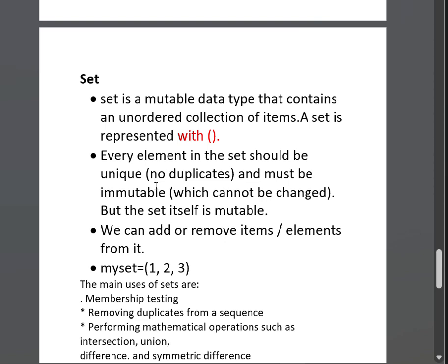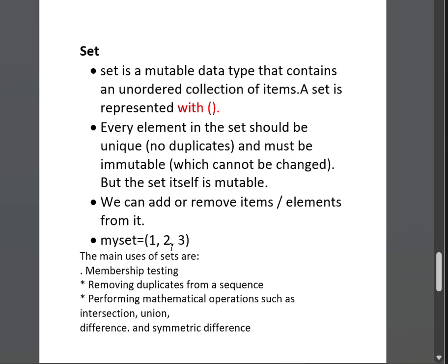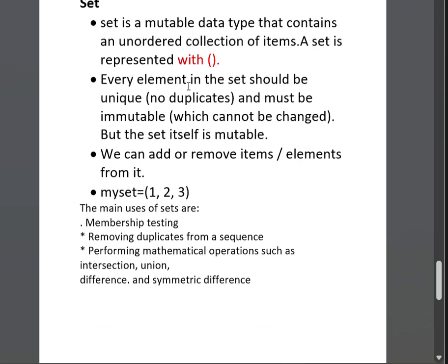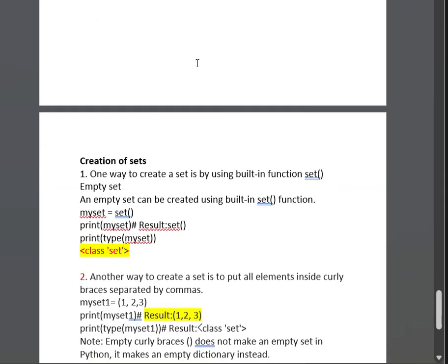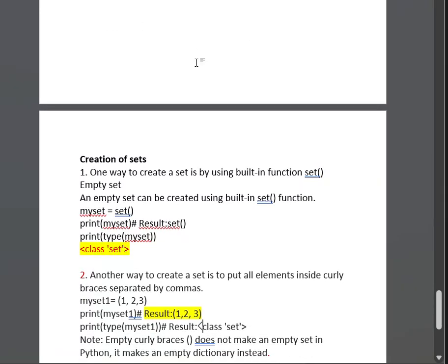Immutable means it cannot be changed, but the set itself is mutable, so we can add or remove items from the set. The main uses of sets are membership testing, removing duplicates, and performing mathematical operations like intersection, union, difference, and symmetric difference. Next, we have seen the creation of sets in two ways: one is using the set function for an empty set, and the other is putting elements inside curly brackets separated by commas.